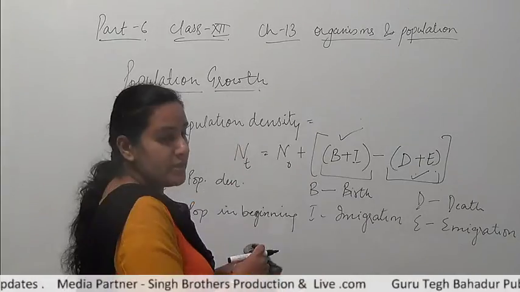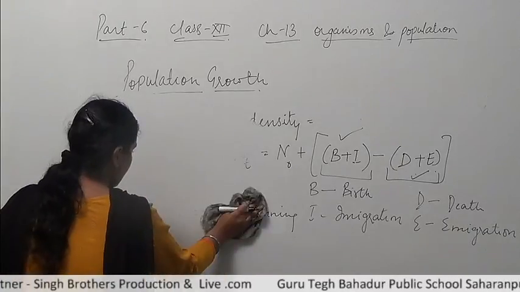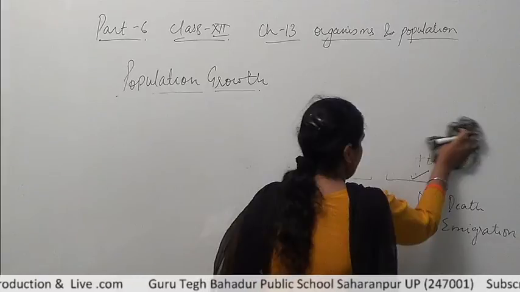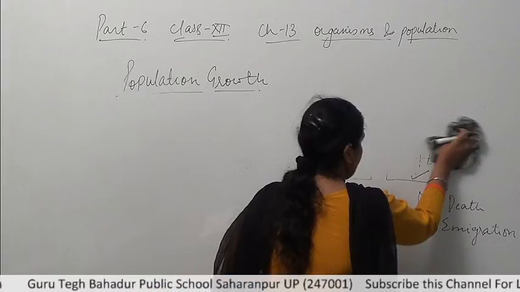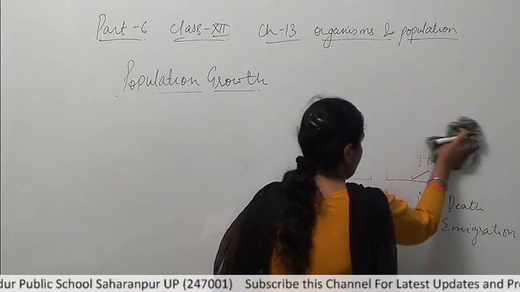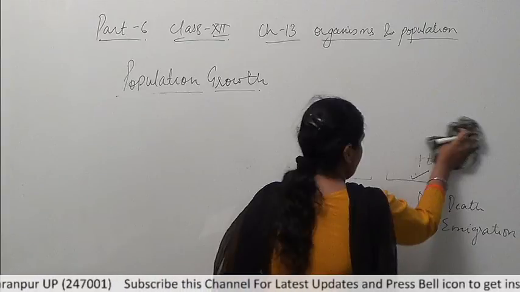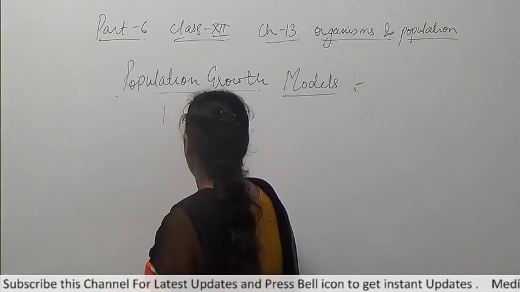Now the next thing is the population growth models. Now what are the population growth models? So there are two models of population growth. The first one is exponential growth.